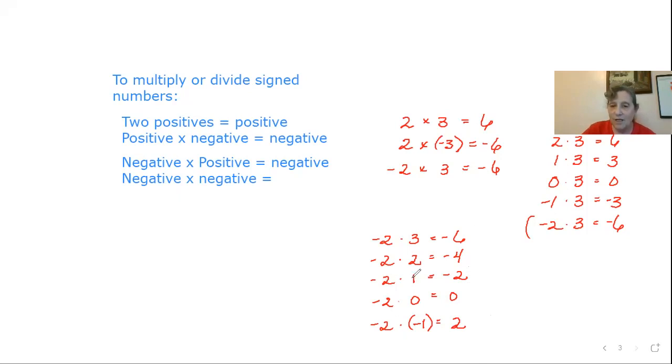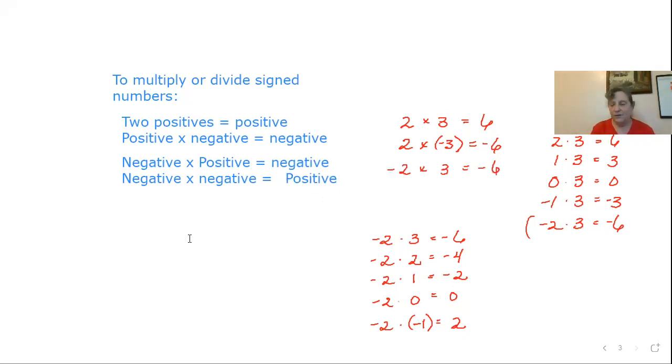A -2 times a +1 can't be the same thing as a -2 times a -1. So if -2 times 1 has to be -2, because anything times 1 is itself, and -2 times a -1 therefore cannot be -2, it makes sense that it's a +2. So a negative times a negative is a positive.